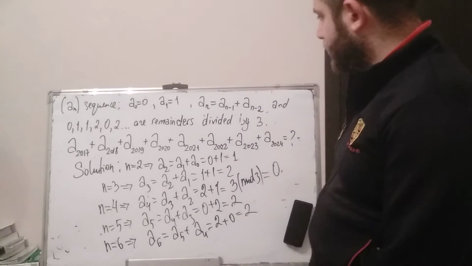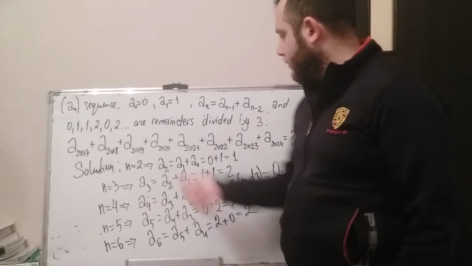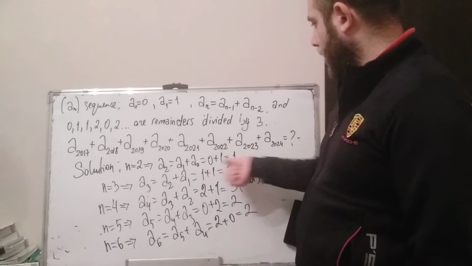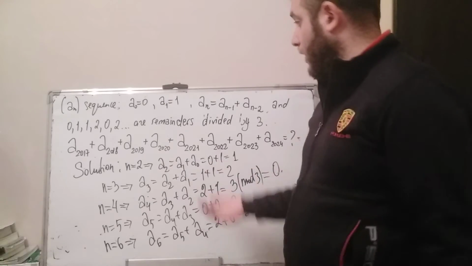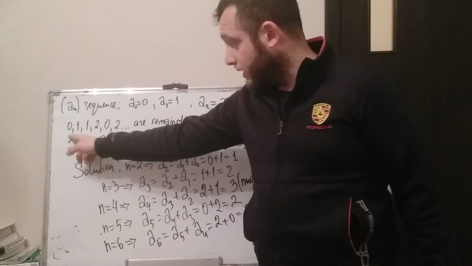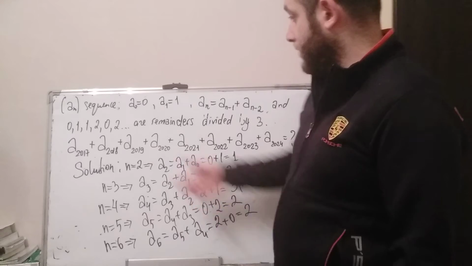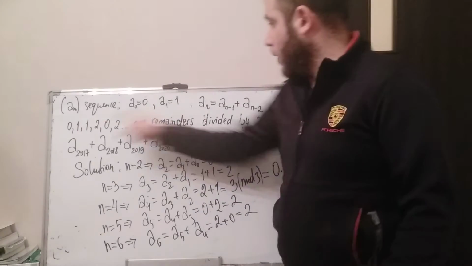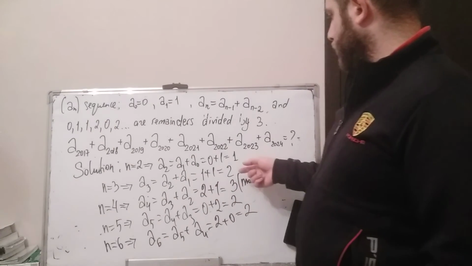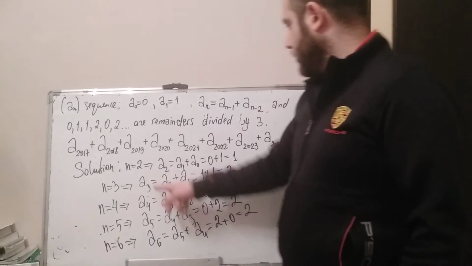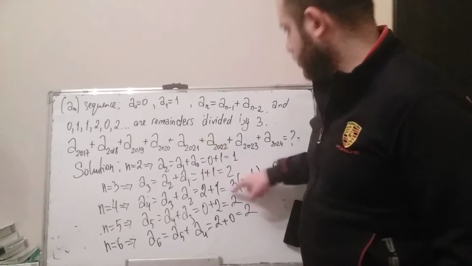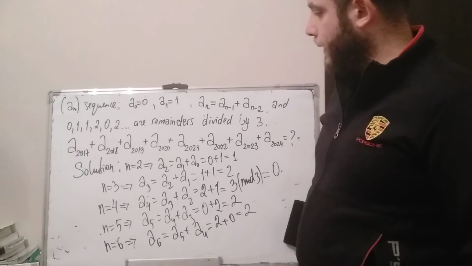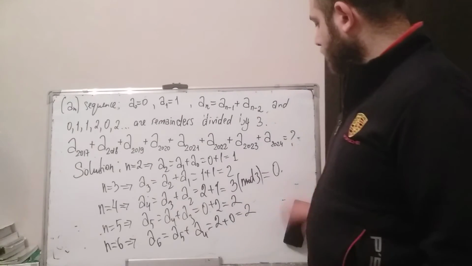If we look at the first values here, 0, 1, a sub 2 is 1, then 2, 0, 2, then next 2 here again.